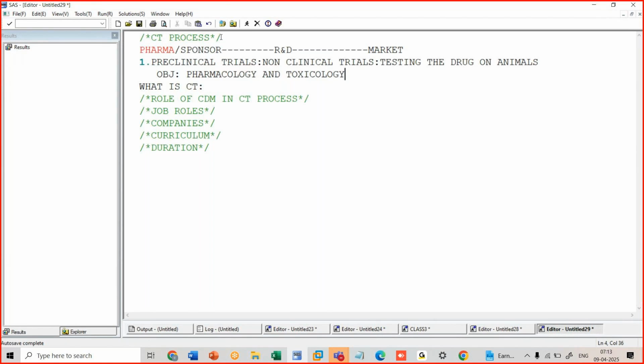Toxicology, we have different types of toxicology. So in kinetics and dynamics, what the drug does to the body is dynamics. What the body does to the drug is kinetics. Like that, we study, so we assess safety and efficacy in terms of pharmacology and toxicology.